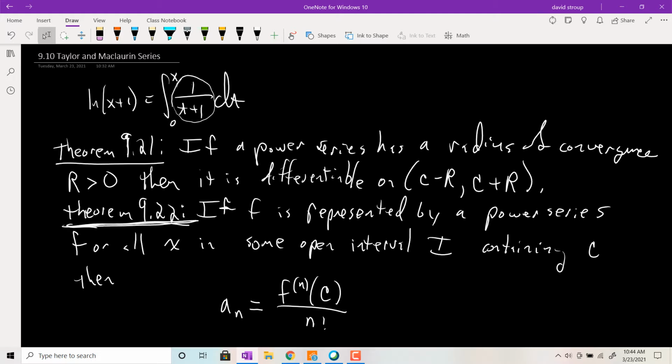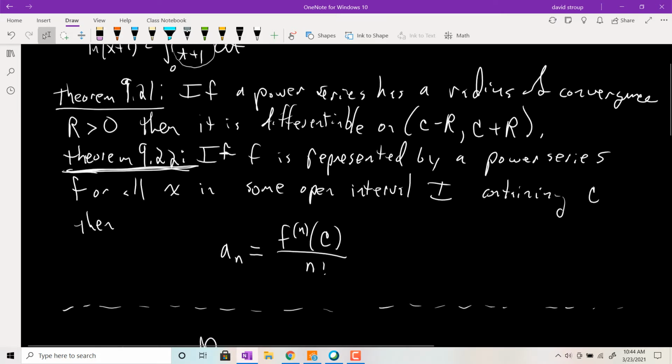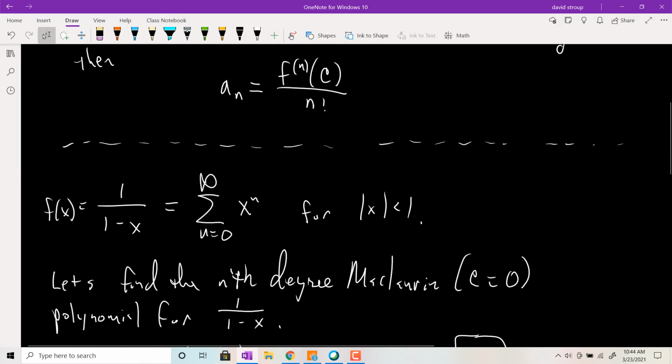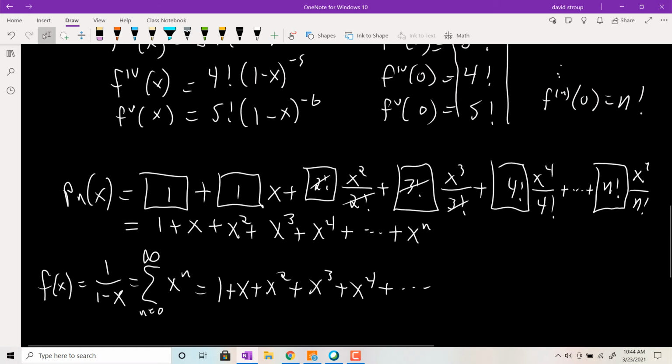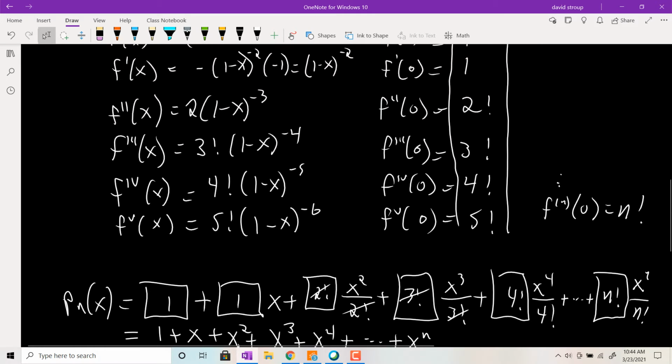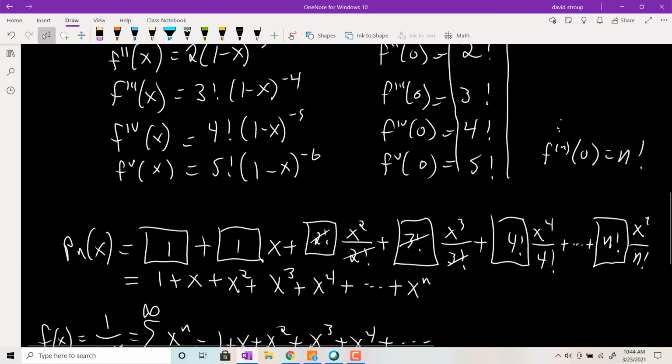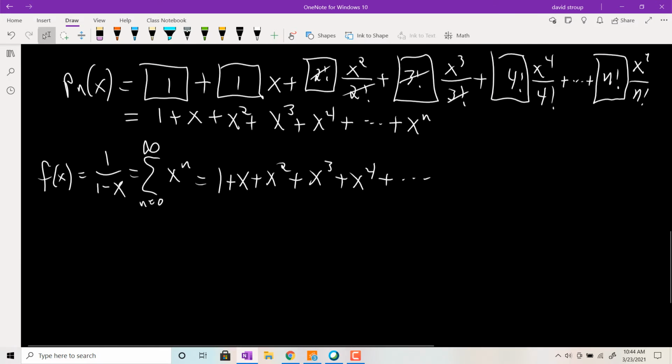Theorem 9.22 basically says that if you have a power series representation, it's going to be the representation formed by creating the coefficients of the power series based off of the derivatives and then dividing by n factorial all the way through, which is exactly the same process we learned in 9.7. Okay, so even if you do have some other clever way of figuring out the power series, it turns out that this method from 9.7 is the go-to method that we're going to be using.